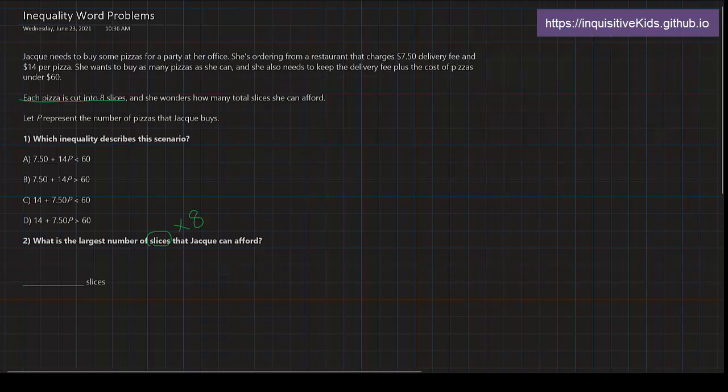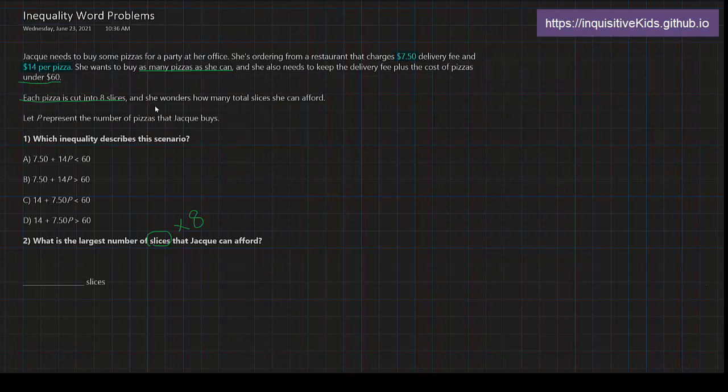Now let's go back to the problem and highlight the important information. So Jacque's buying some pizzas, and she's ordering from a restaurant that charges $7.5 delivery fee and $14 per pizza. She wants to buy as many pizzas as she can, and she also needs to keep the delivery fee plus the cost of pizzas under $60.